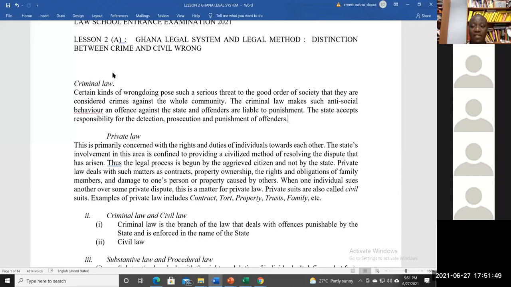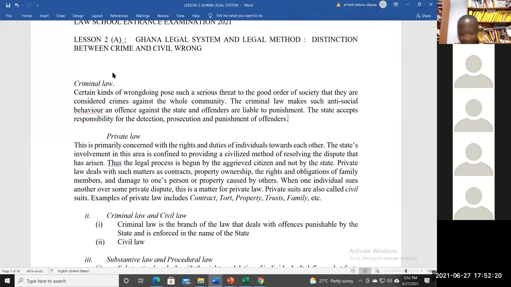And for private law, of course, we have our usual civil law. Not all civil law, but most of the civil law is private law. So we talk about contracts, torts, equity and trusts, land law, and all these are examples of private law in the sense that they mainly govern relationships between citizens.